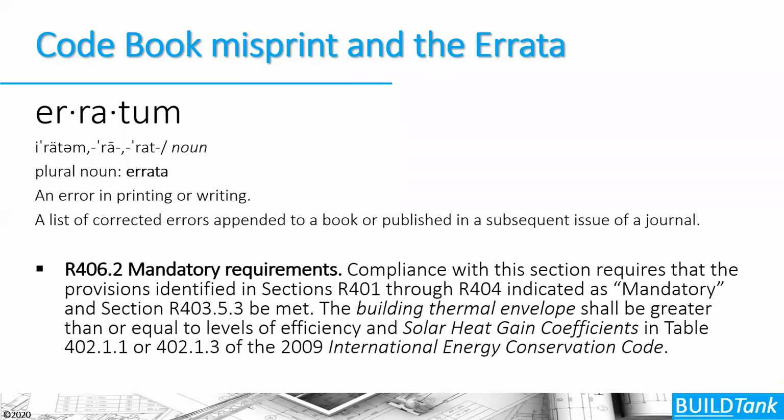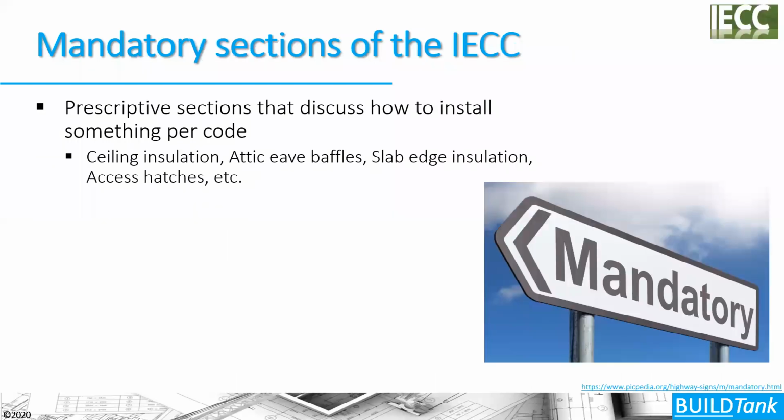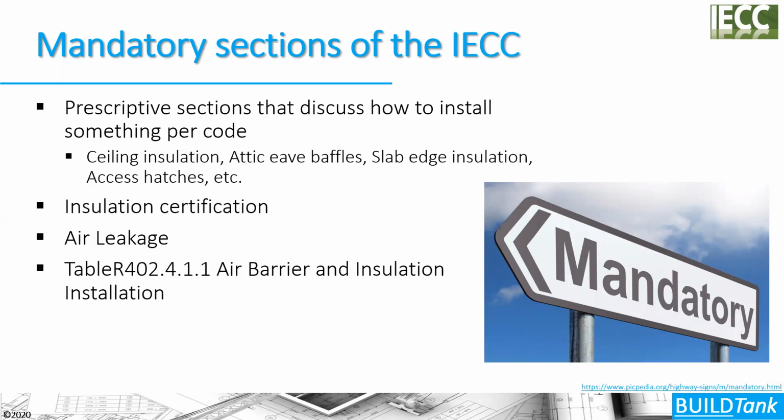And you have to do all those mandatory requirements plus demonstrate compliance using one of the 4 pathways in the code. The mandatory sections of the code deal with things like ceiling insulation, insulation certificates, air leakage requirements, duct leakage requirements, installation of air barrier and insulation details. Those things impact the performance paths of the code pretty substantially here.